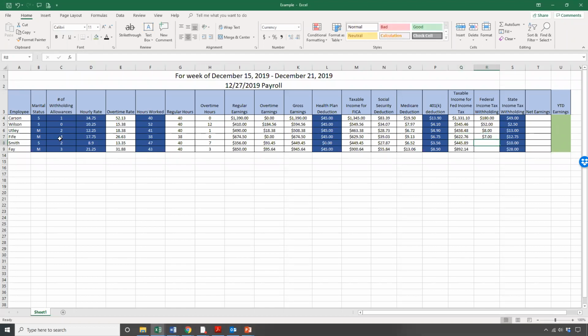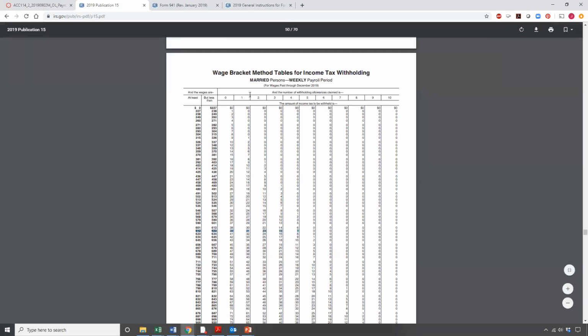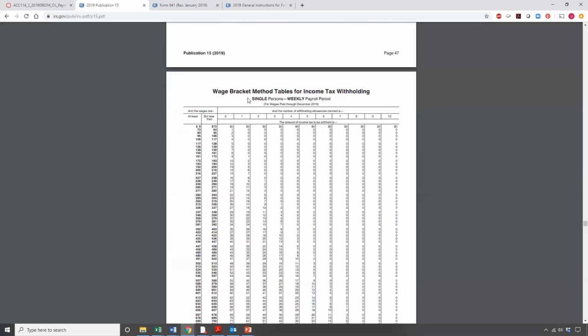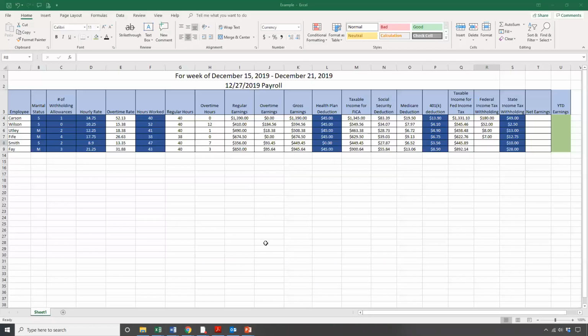Next employee is single with 2 allowances and 445. Single, so let's go back to our single table. Single weekly, and it's 445. So they're going to fall in here. And they've got 2 withholdings, so we're going to withhold $21 from their check.